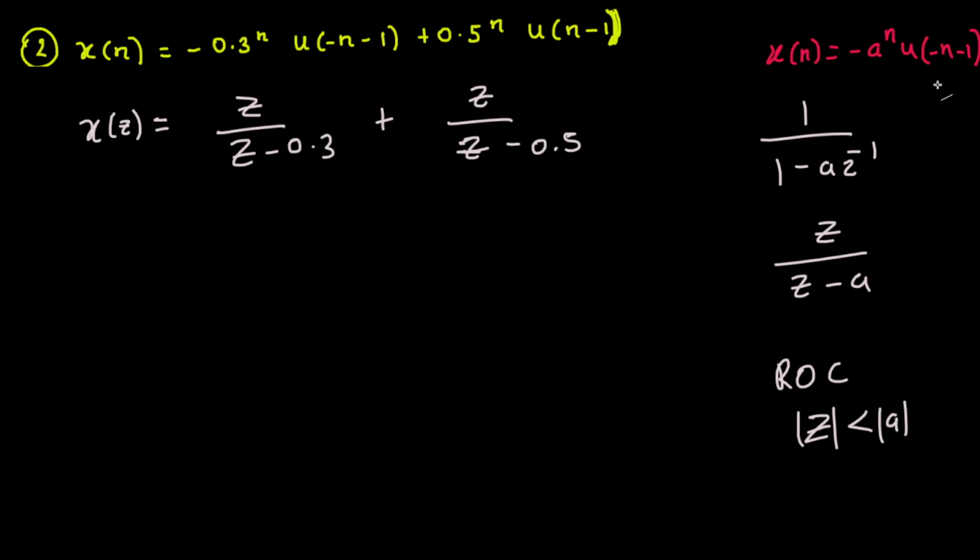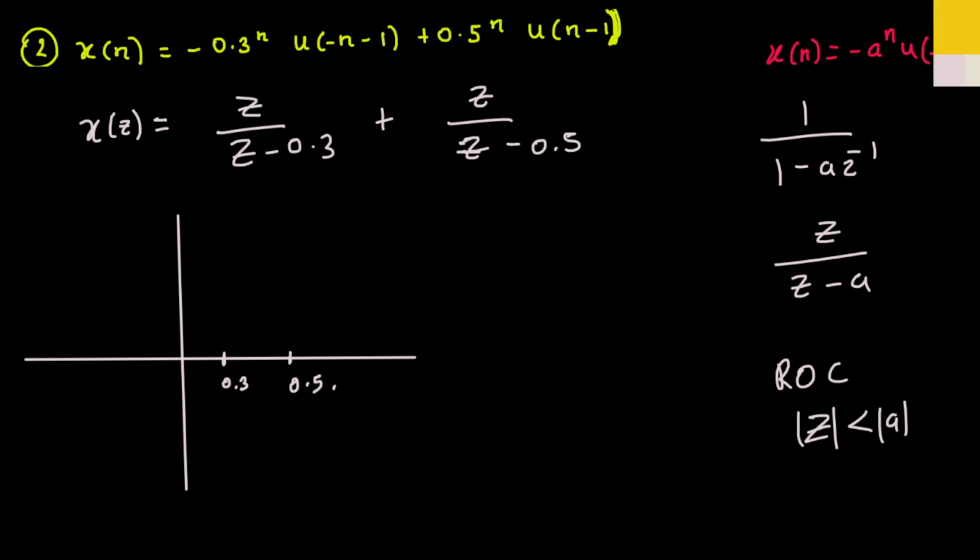Like before, we put the circles, and one of the circles is going to be 0.3 radius. The other one is going to be 0.5 radius. Better to draw by hand.